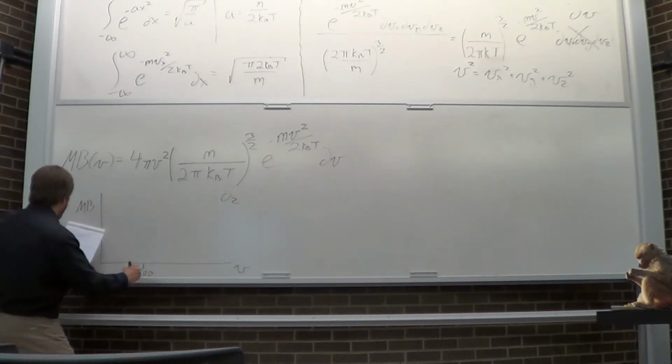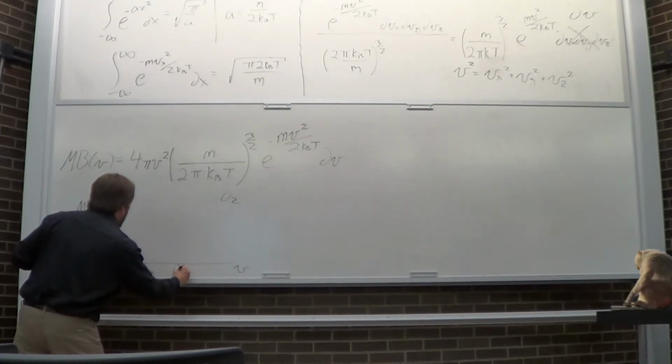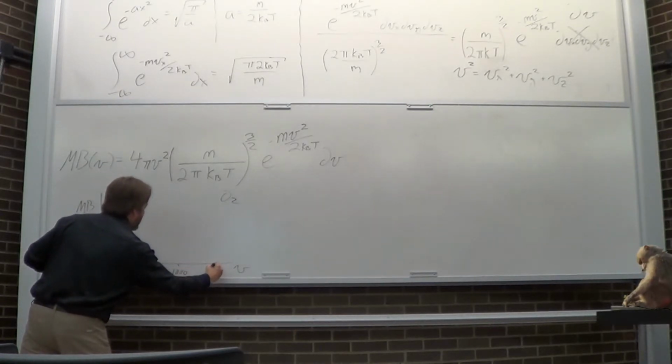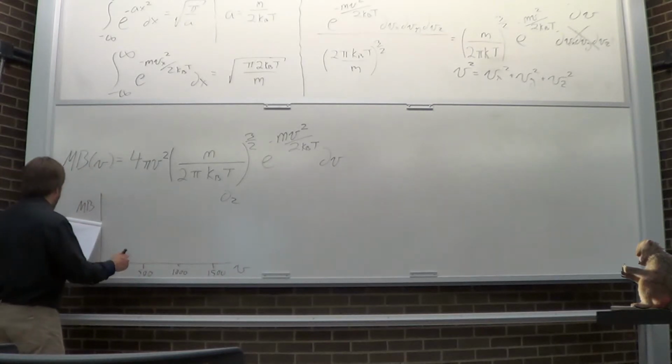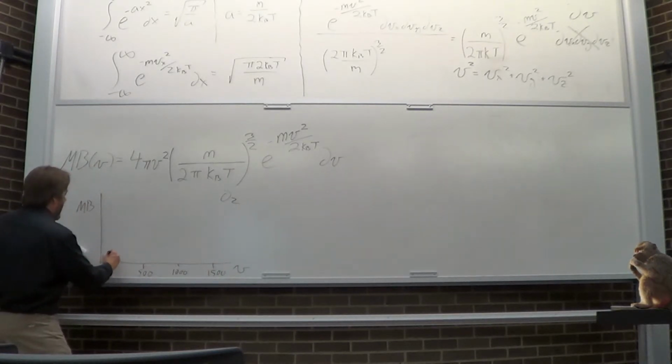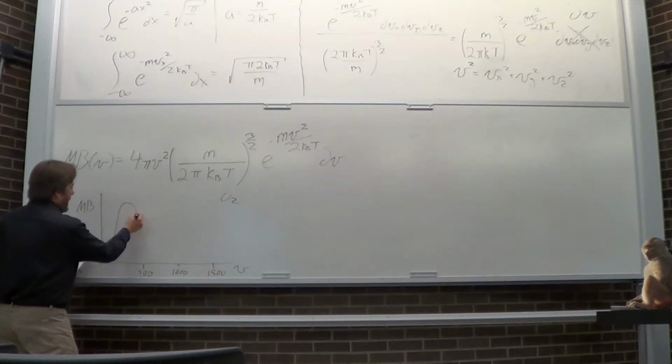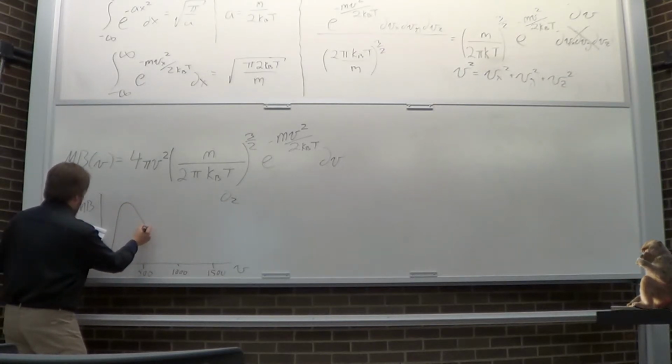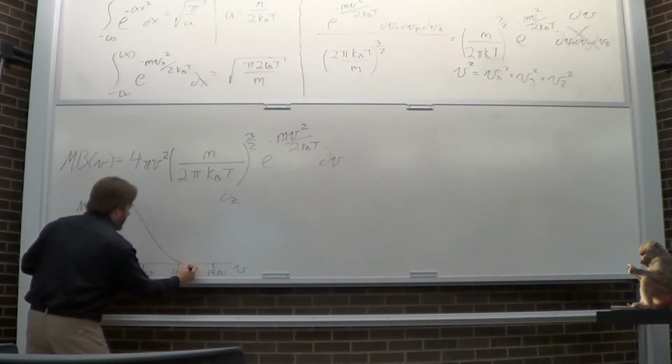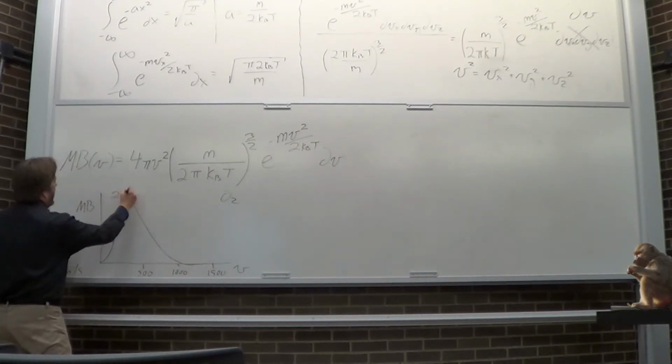Sorry, I backed myself into a corner here. Maybe I should have just put these graphs up instead of trying to draw them right now. So the Maxwell-Boltzmann spikes like this, and that's at 25 degrees.